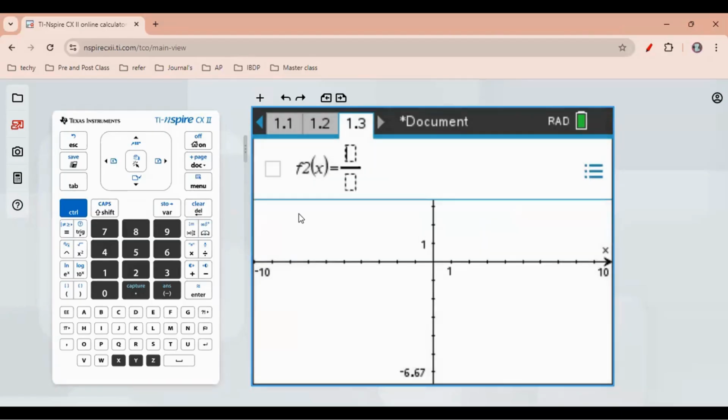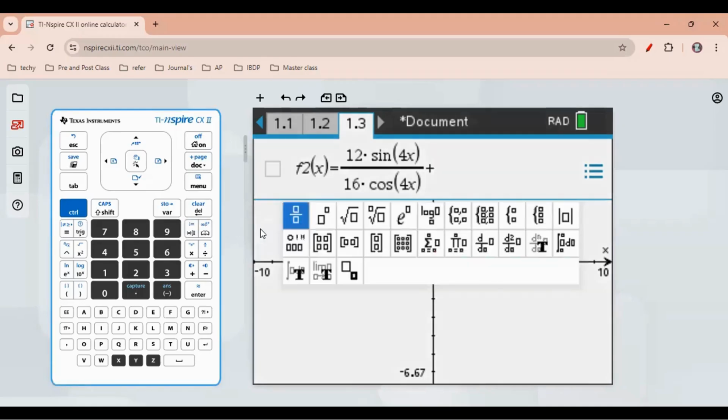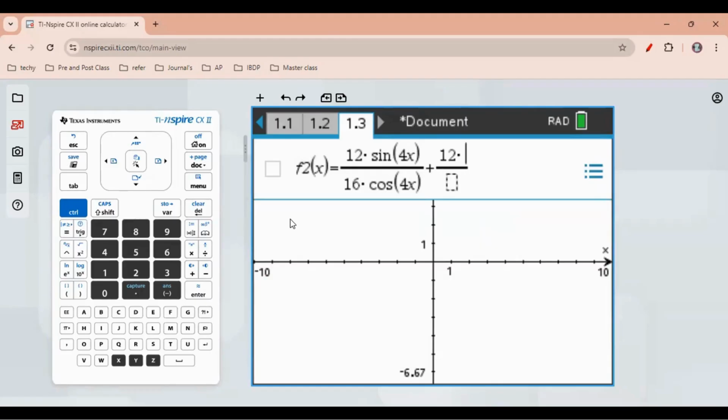So go for fraction. 12 sin 4x divided by 16 times cos 4x, plus again a fraction, 12 times cos 3x by 9 times sin 3x. That's it. This is the function I have.